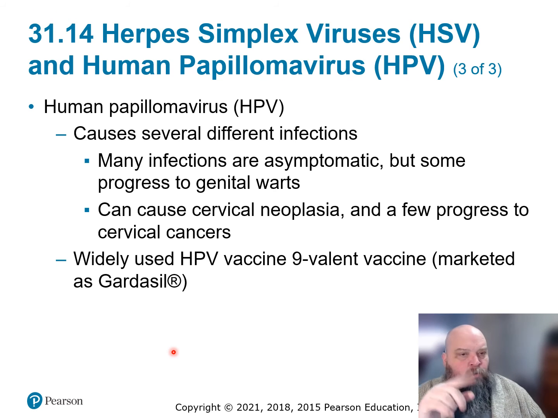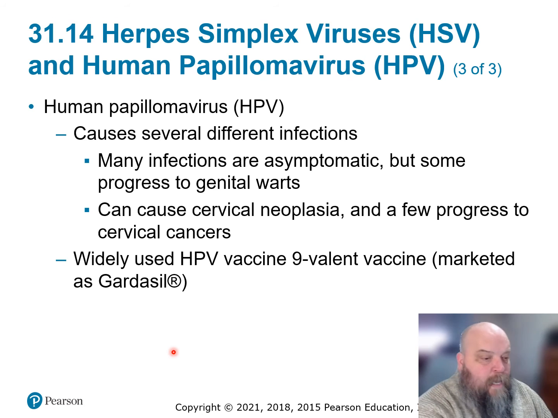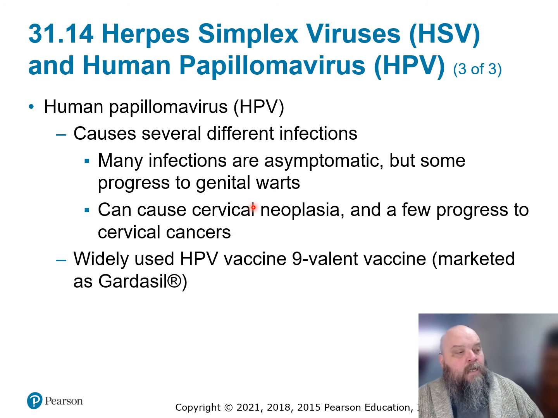Well, unrestricted growth means it's going through mitosis over and over and over because of a viral infection. Hey, guess what? Uncontrolled growth, uncontrolled mitosis, that is the number one characteristic of what we refer to as cancer. So, this is a cervical neoplasia.